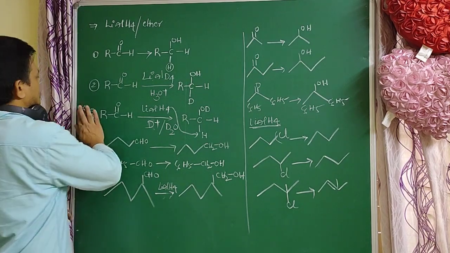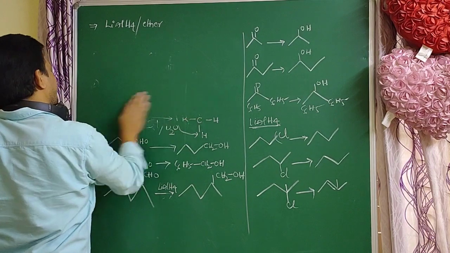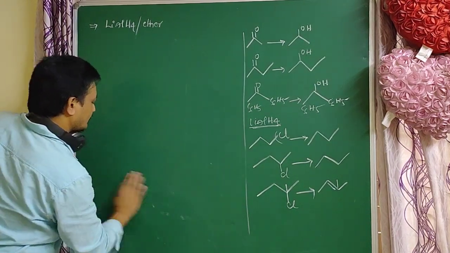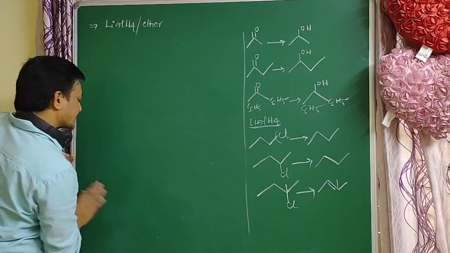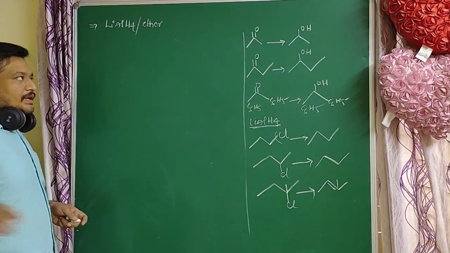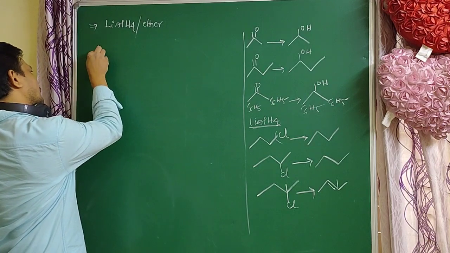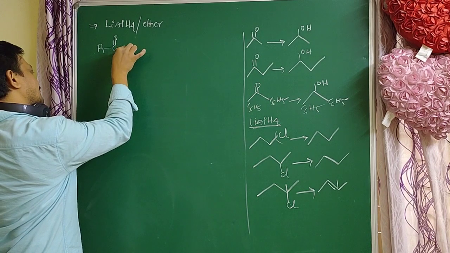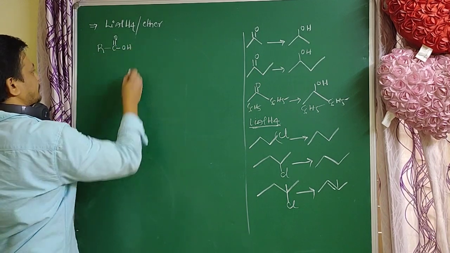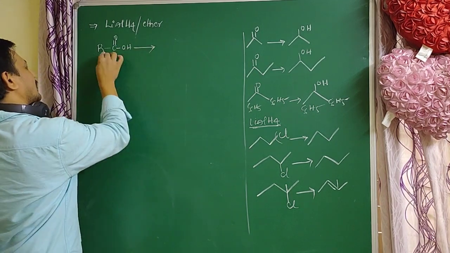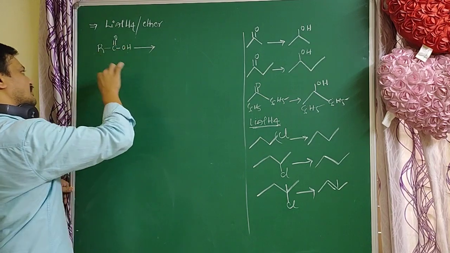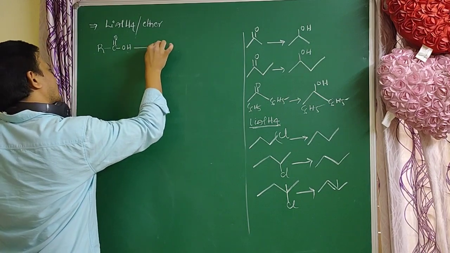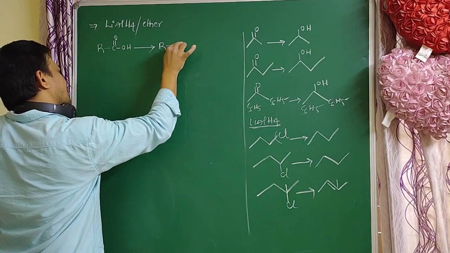So in the presence of lithium aluminum hydride, acids and acid derivatives, carboxylic acids and their derivatives, convert first to aldehydes.